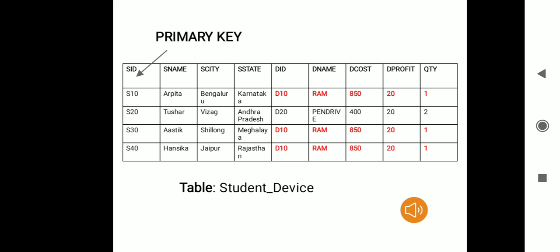Each colored entry holds the values D10 for DID, RAM for DNAME, 850 for DCost, 20 for DProfit and 1 for QTY. In such cases, we may encounter three types of problem. Those are insert anomaly, delete anomaly and update anomaly. Let's understand how it occurs.